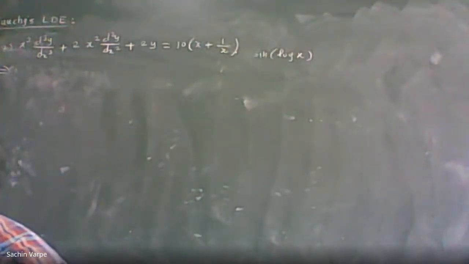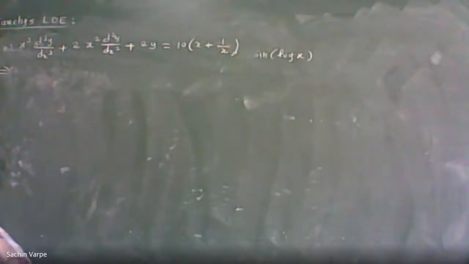Shubham Shingade. Shubham, unmute your mic, please. Shubham, hi Shubham. Sir, what is the coefficient of x square in the question? 2.